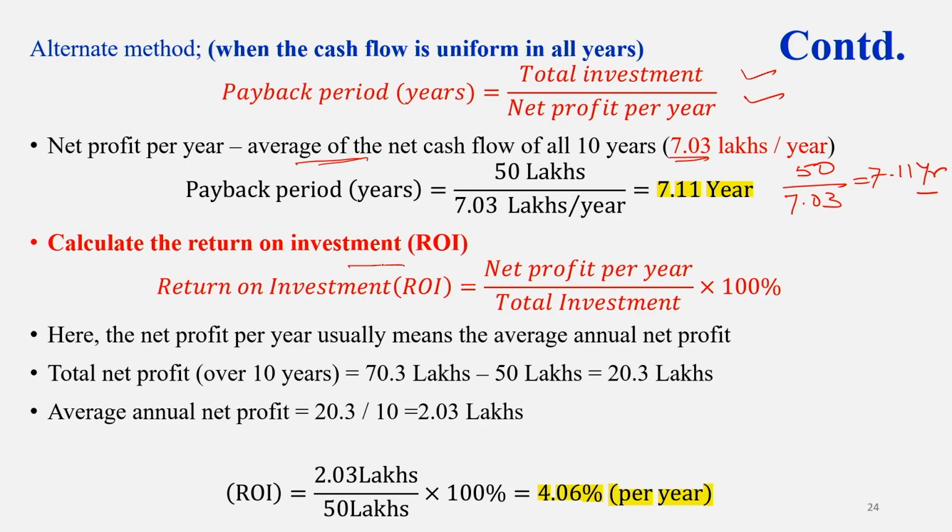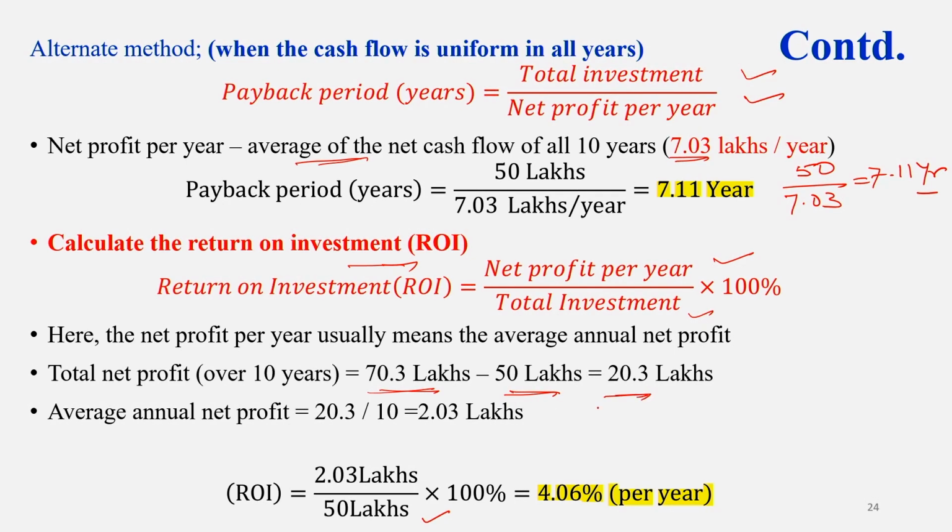Further, one can calculate the rate of return on investment. Here you need to calculate the net profit divided by the total investment. The total investment is 50 lakh, and what will be the net profit? For 10 years, 70 lakhs, and how much have you invested? 50.